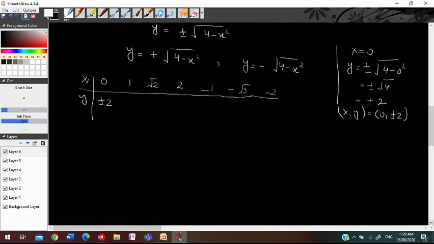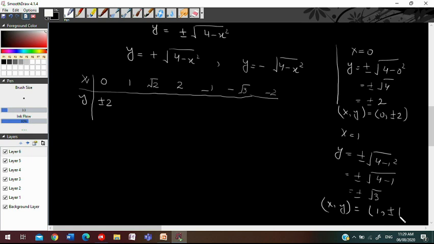Now the next value of x is 1. When x is equal to 1, y is equal to plus minus under root 4 minus 1 square, which is plus minus under root 3. So the ordered pair is 1 and plus minus under root 3.